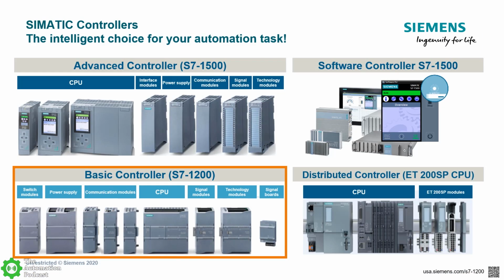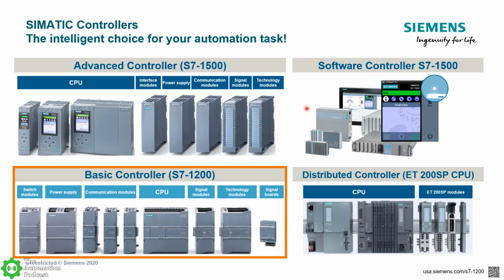So just to get an idea, background of the different PLC options that we offer, the S7-1200 is considered our basic controller, but we also have other PLCs. Our S7-1500, for example, is considered our advanced controller, and it comes in different form factors. We have the typical S7-1500 PLC, which is the rack style modular type PLC.